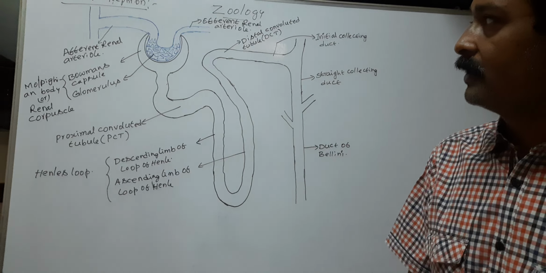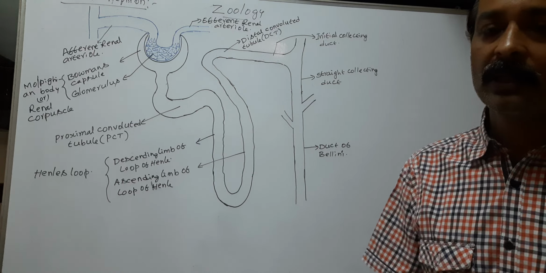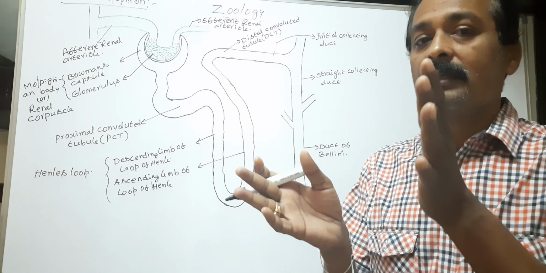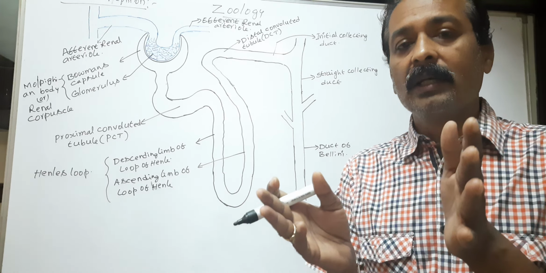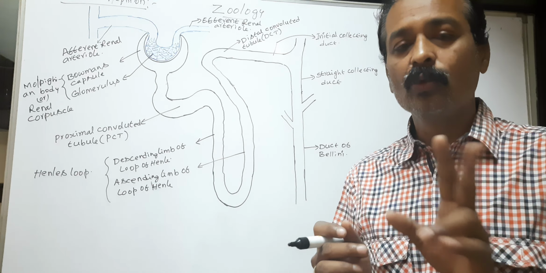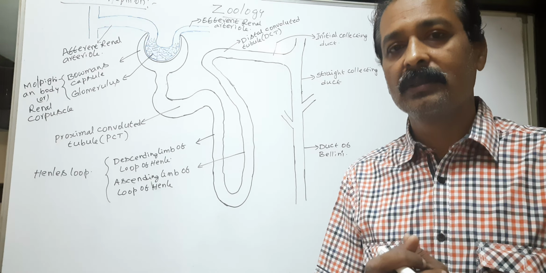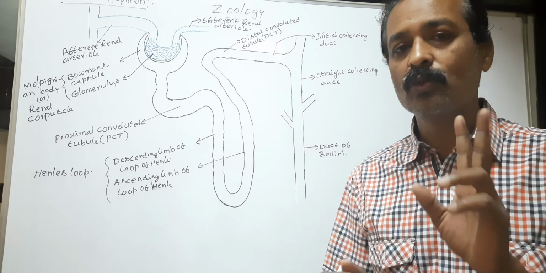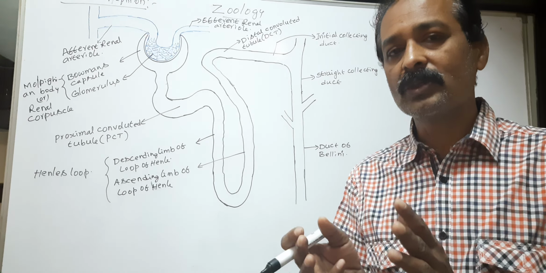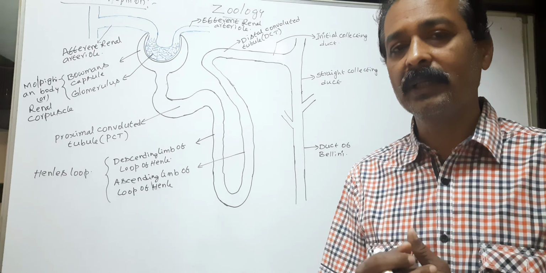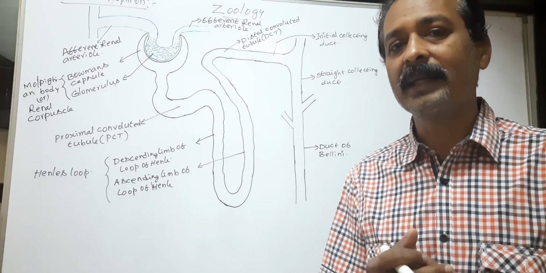Now we discuss about the structure of human nephron. Internally, the kidney has two portions. The outer zone of the kidney is called cortex.